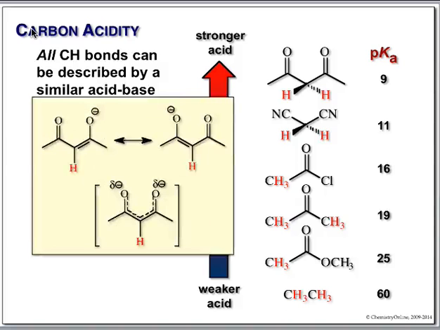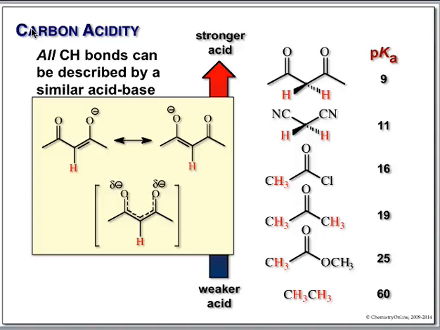If you think about the enolate anion that you form, it's actually resonance stabilized, isn't it? So our hybrid looks something like this. Resonance is our friend in organic chemistry, isn't it? The more stable the anion, the stronger the acid.